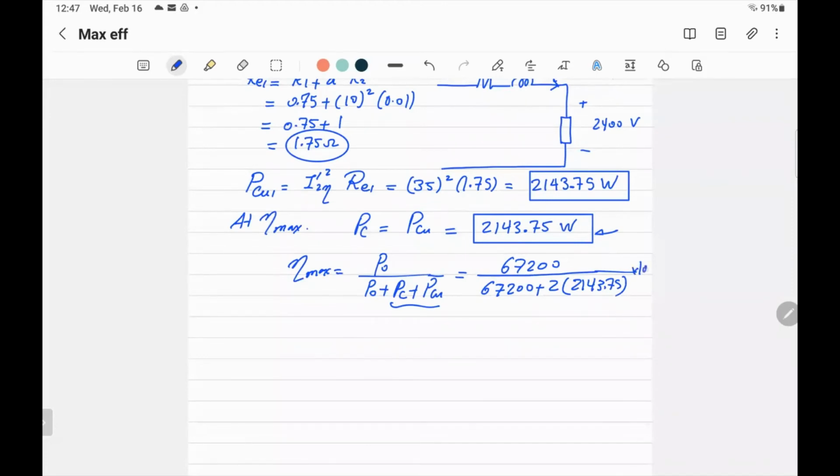And then you can multiply by 100 to get it in percentage. I found that this is equal to 94%.